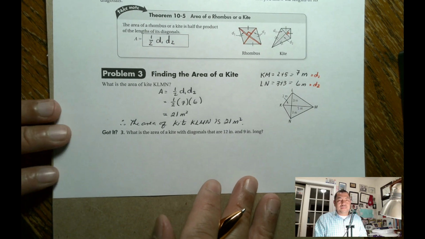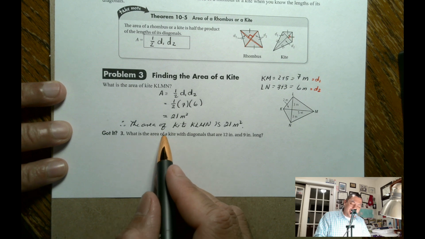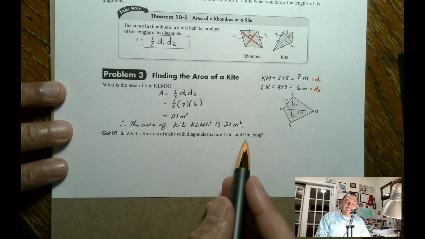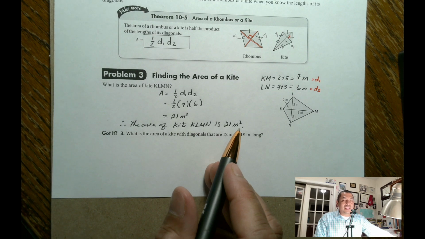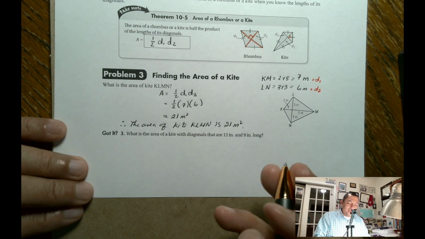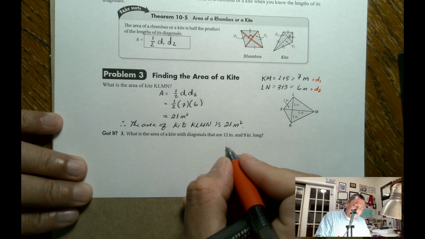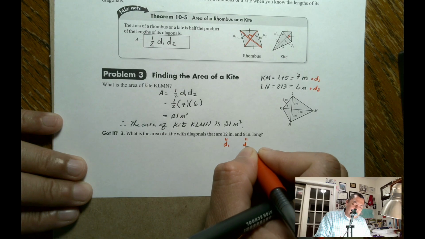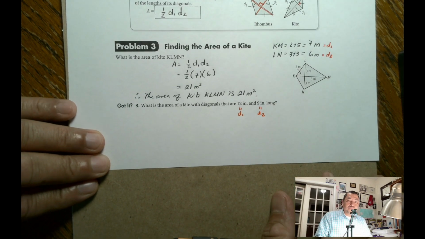Got it? Number 3. What is the area of a kite with diagonals that are 12 inches and 9 inches? So they are giving me the diagonals in this case, so I'm not going to be looking at a figure. I'm going to say this one is diagonal 1 and this one is diagonal 2.